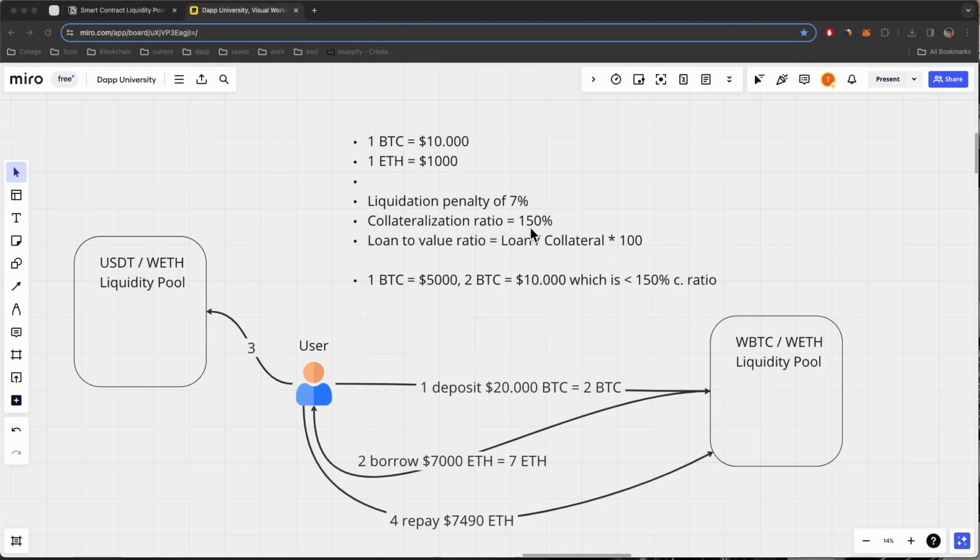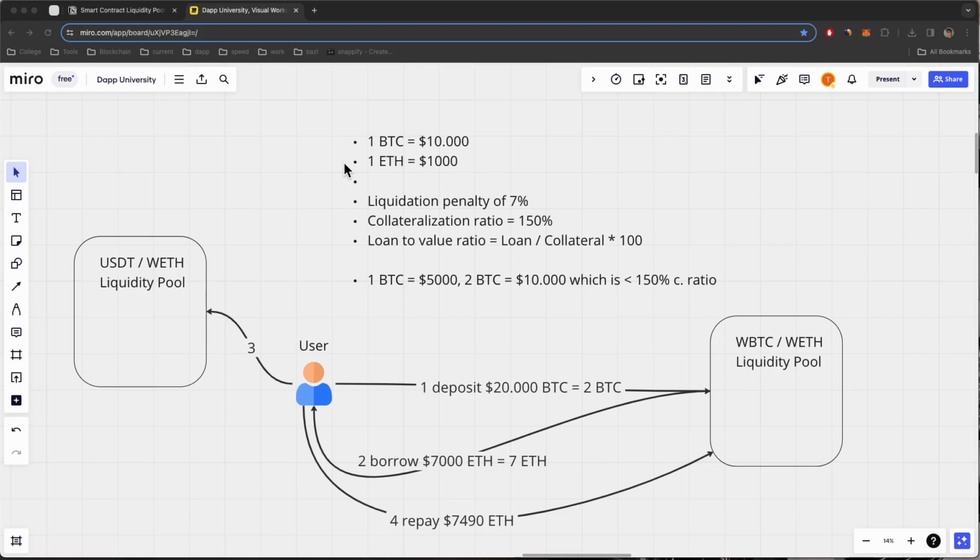So this is the collateralization ratio term. This is what it means. If it's 200%, then it means that you need to have at least minimum double the amount of collateral of the loan you need to take in. So let's say you want to take out as a loan 1 Bitcoin using these prices, so you want to take out 10k worth of Bitcoin, and for this you need to have deposited 20k worth of Ethereum, which is 20 Ethereum.